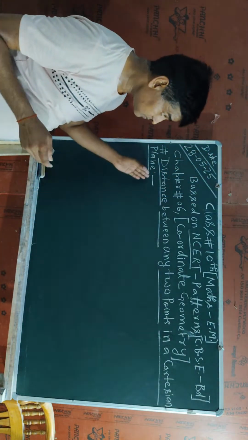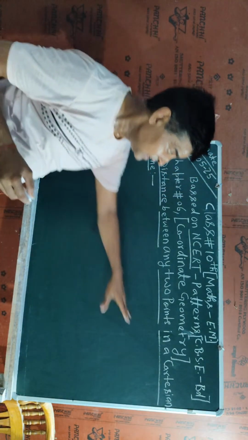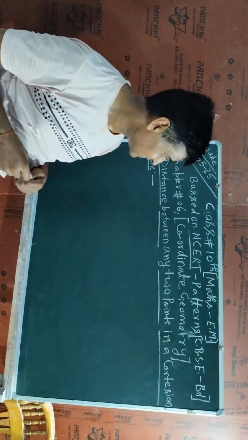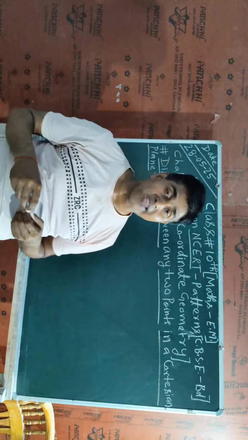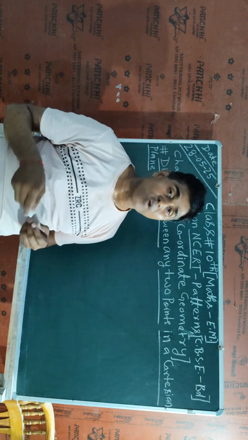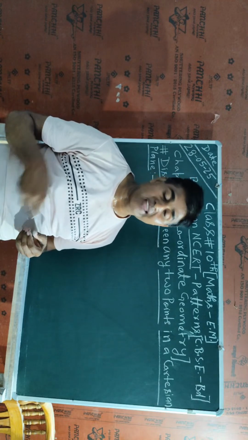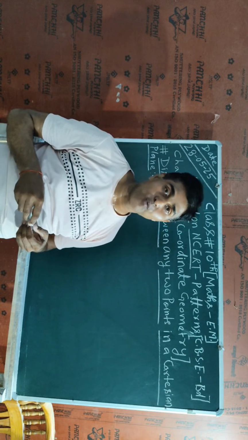Now, in the Cartesian plane, I will draw the x-axis and y-axis, and then I will take any 2 points. The coordinates of the first point are x1 and y1, and the second point is x2 comma y2.